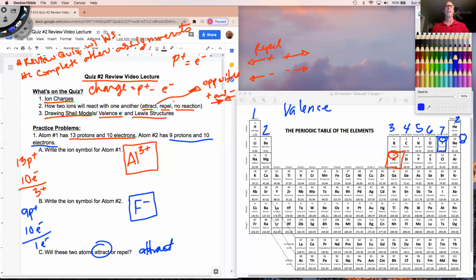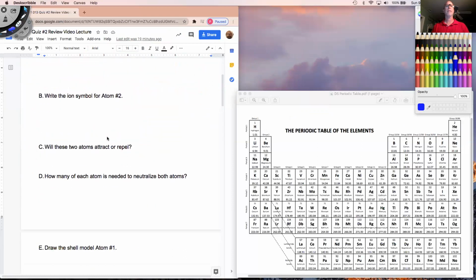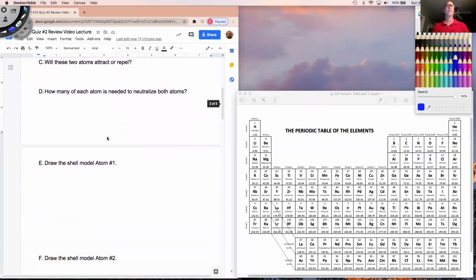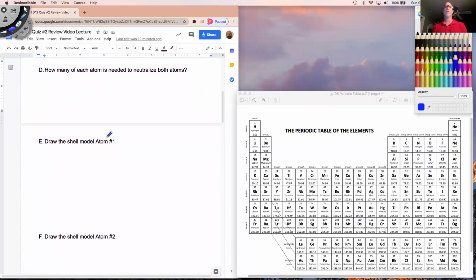All right, so let me take us to the next section here. Let's scroll on down. So the next one. So now it says, how many of each atom is needed to neutralize both atoms? So we want to know, how many of each atom do we need to neutralize both atoms?